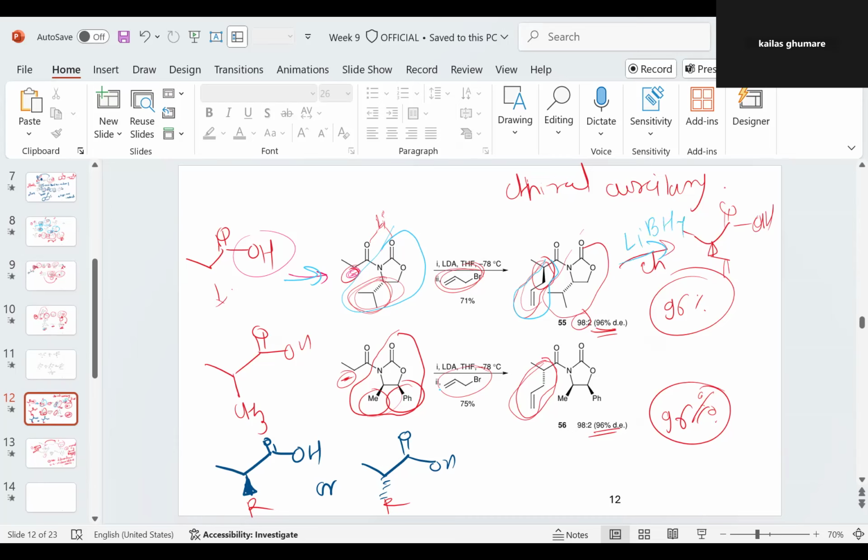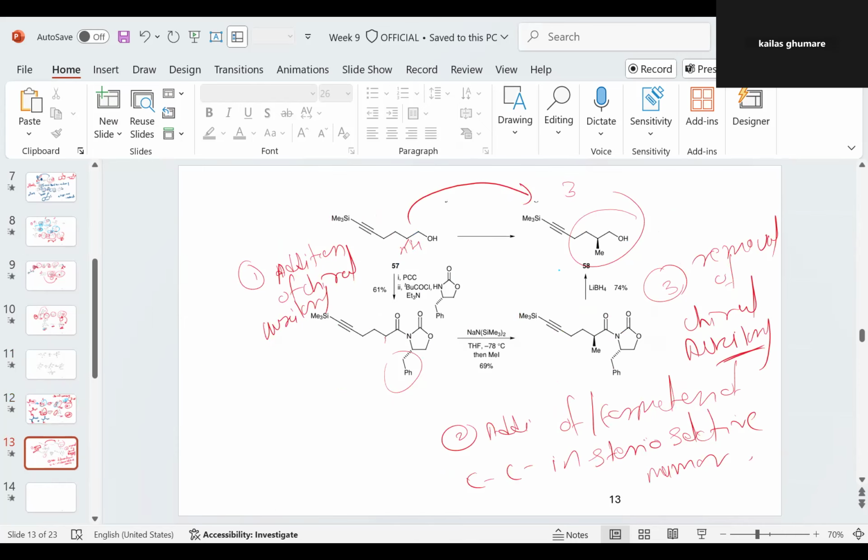If you use LiBH4, this chiral auxiliary gets removed, since this kind of reducing agent can cleave this amide bond. So this is the example that we have also seen, if you want to convert this product into this one, just the formation of the carbon-methyl bond in a stereochemical manner.